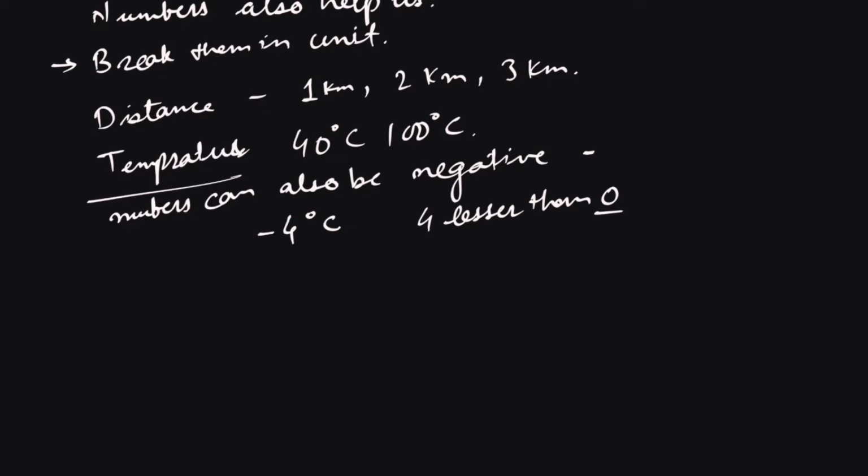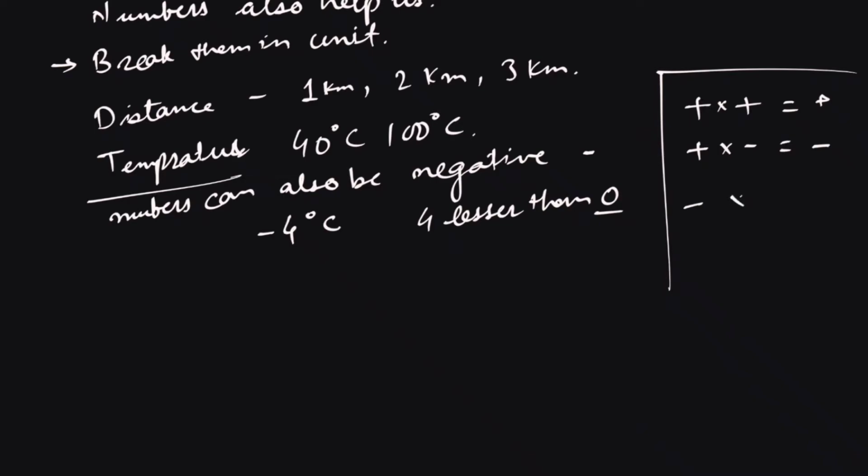Now another important thing is when you're multiplying positive and negative numbers. When we are multiplying two positive numbers, it's positive. When we are multiplying one positive and one negative number, it's negative. And when we are multiplying two negative numbers, it's always positive. Every number by default is positive.